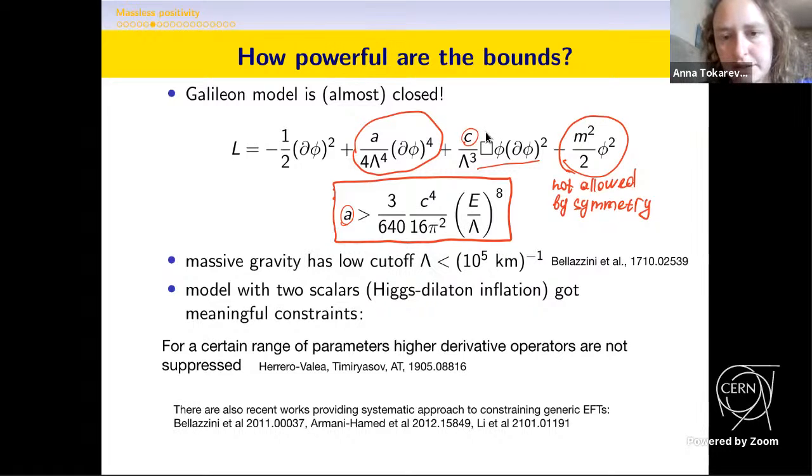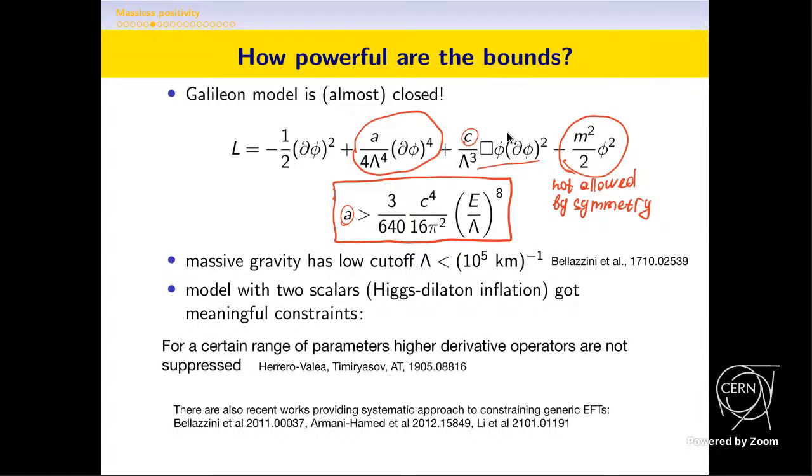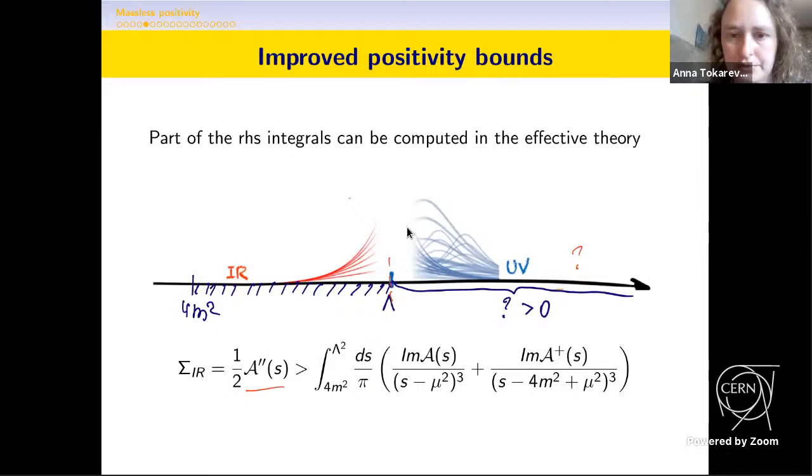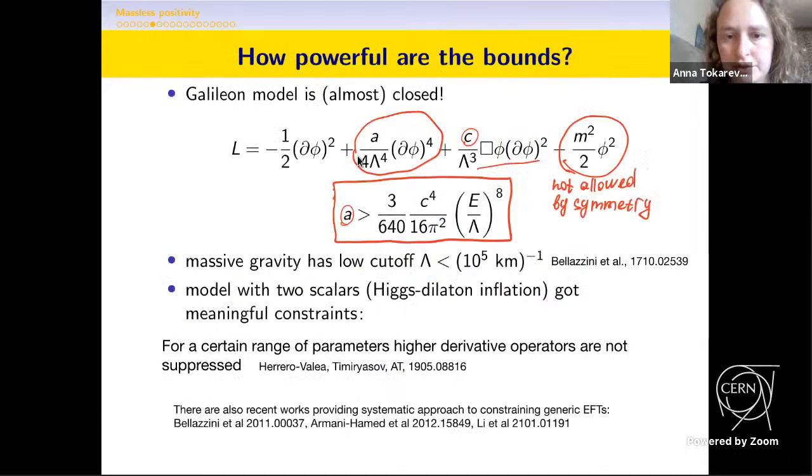But Galilean symmetry is kept only in the theory without this term and without the mass term. And in this theory, the coefficient in front of the S squared term in the amplitude would be exactly 0. But from these improved positivity bounds, it can be computed that the coefficient in front of (dφ)^4 has to be larger than not even 0, but some computable thing where the energy is something close to the cutoff scale. So this is a bit smaller than unity.